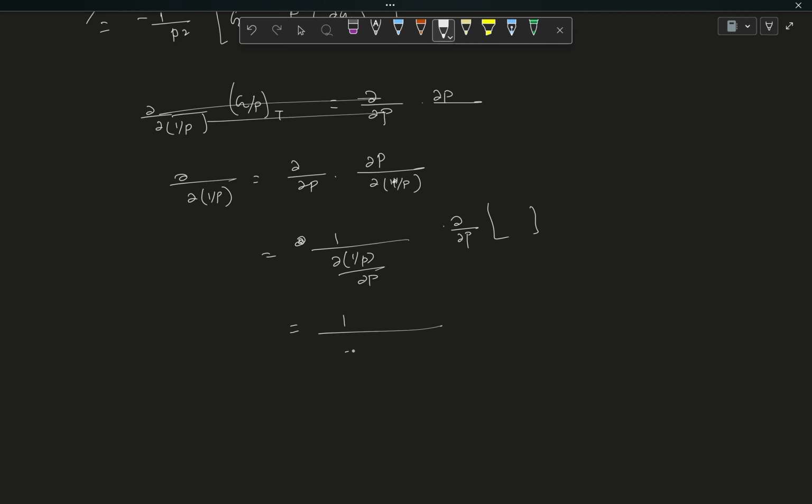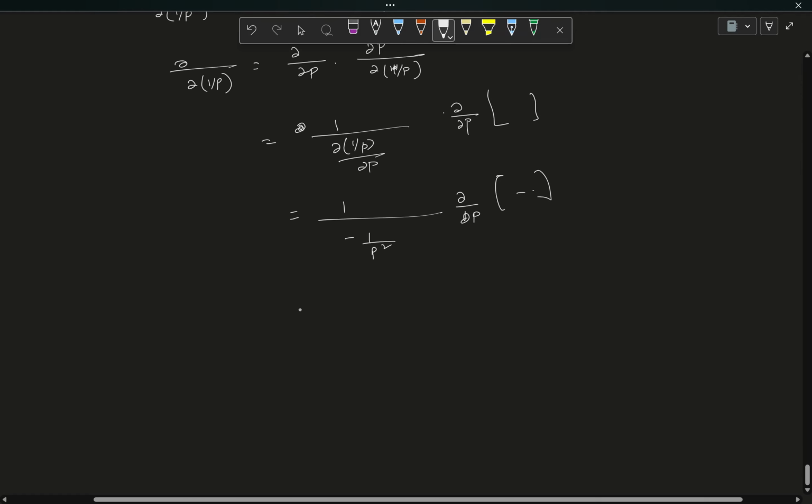So this is 1 by P, del P is minus 1 by P squared del P on whatever variable you are taking the derivative on. So this is just minus P squared del P of that.